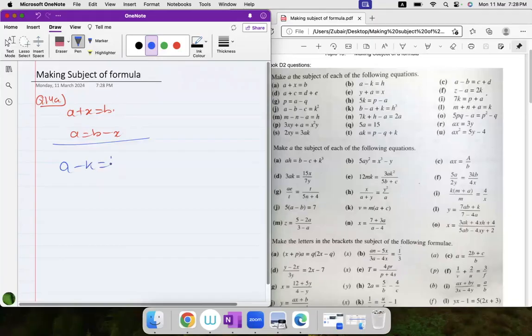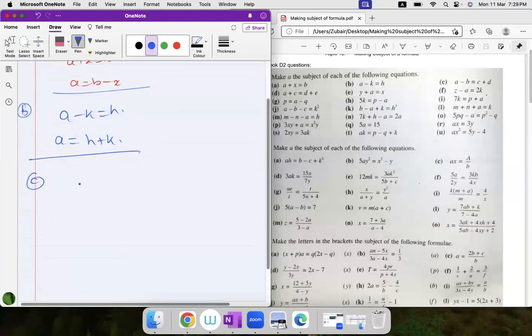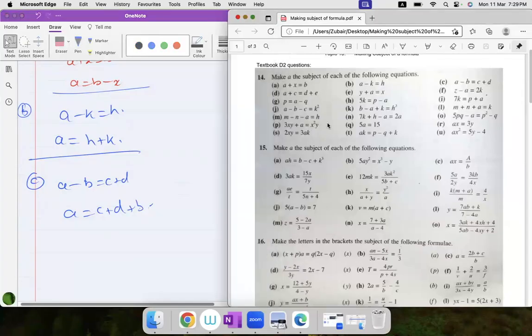A minus K is equal to H, so A equals H plus K. C would say A equals C plus D plus B. Right. So let's jump on.